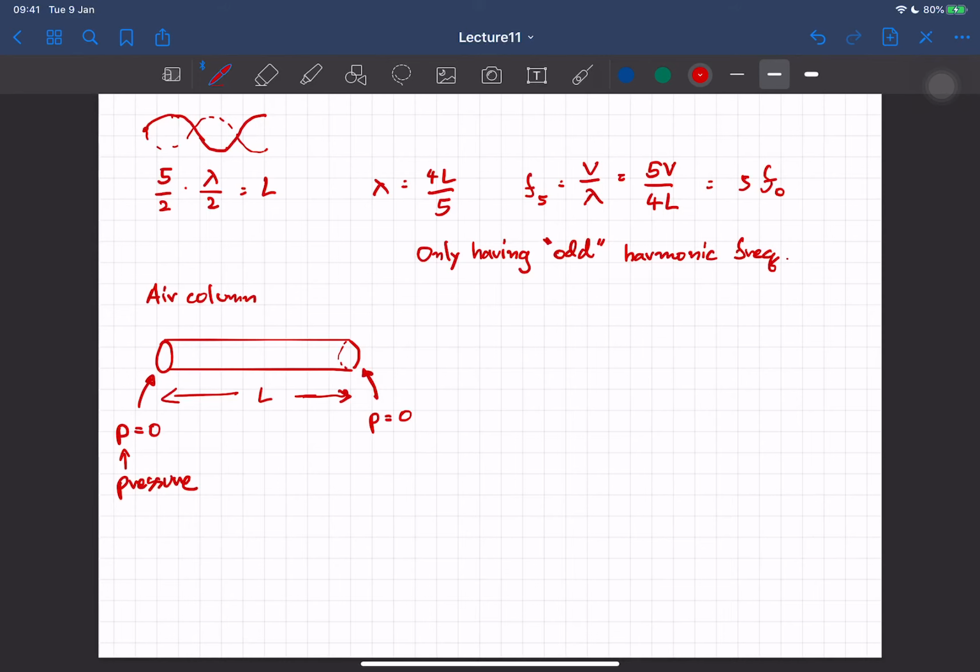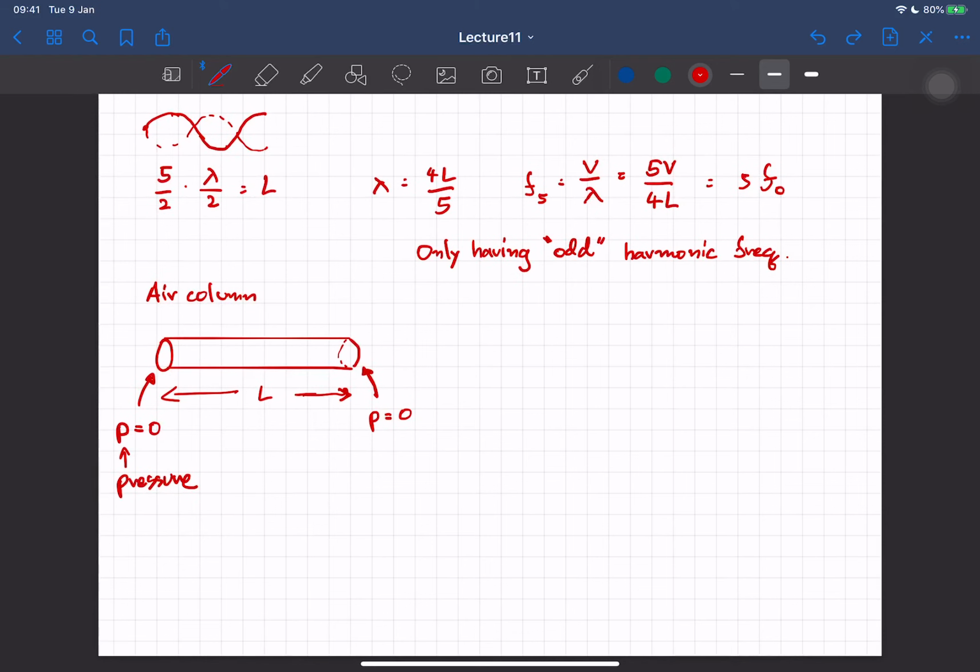The absolute pressure is obviously not 0, because otherwise we could not live at the surface of the earth. It's 1 atmosphere. So P equal to 0 here means it's 0 away from the atmospheric pressure. So it's the gauge pressure, how much more or less compared to the atmospheric pressure. But in any case, we're going to call it P equal to 0.